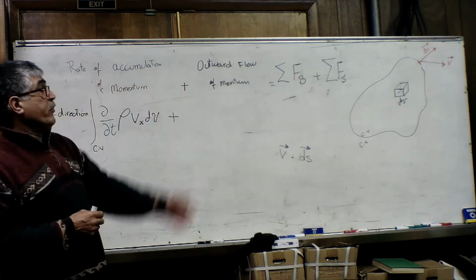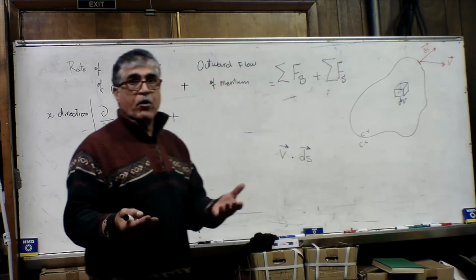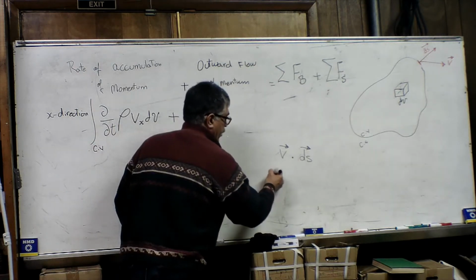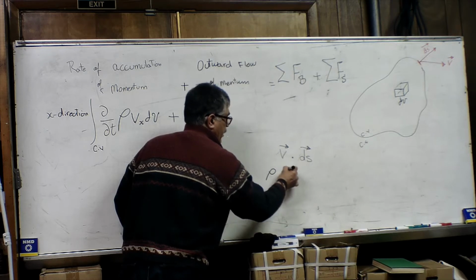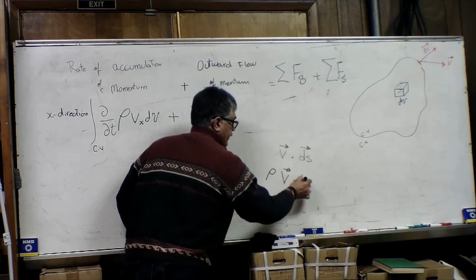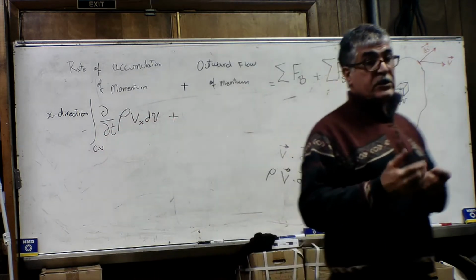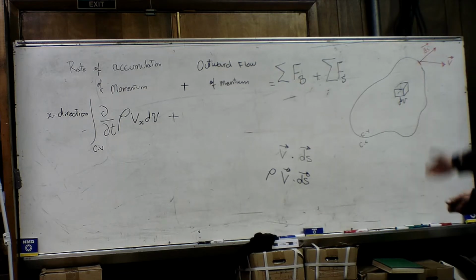So the mass flow rate will be, by definition, density multiplied by the volume flow rate. So our mass flow rate will be rho V dot dS. This is our mass flow rate out of that differential surface.